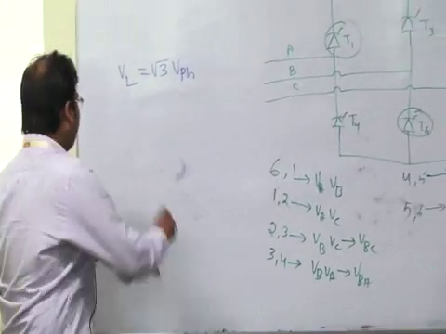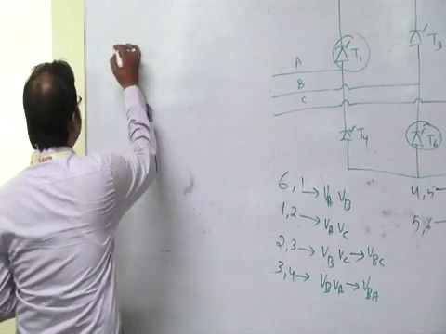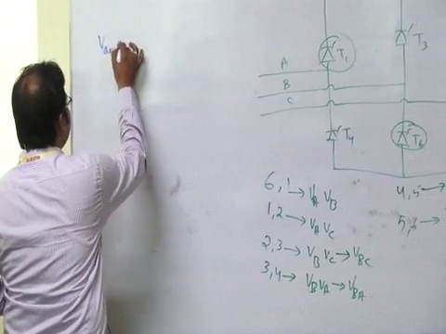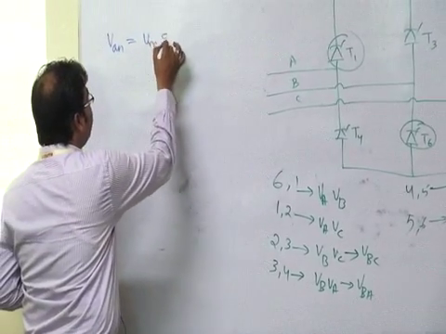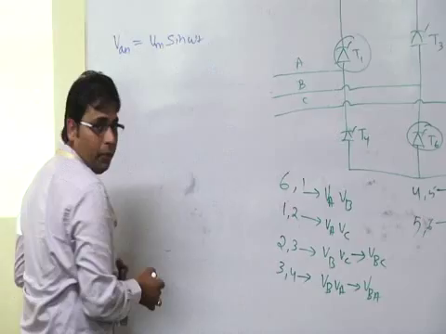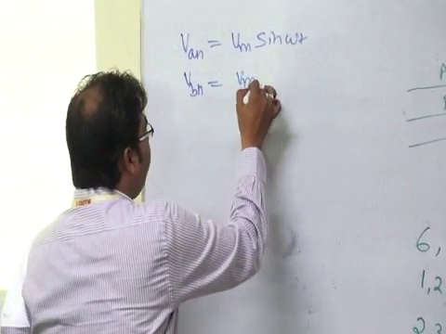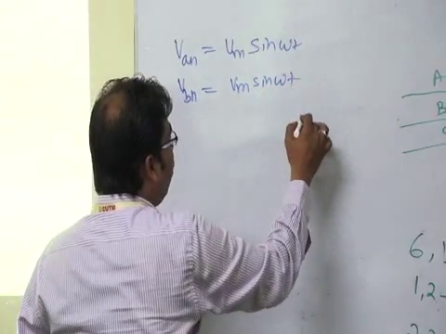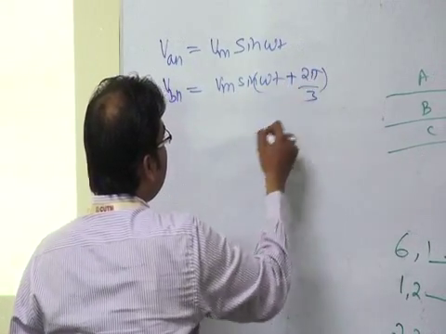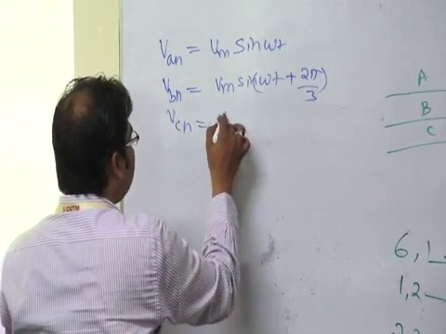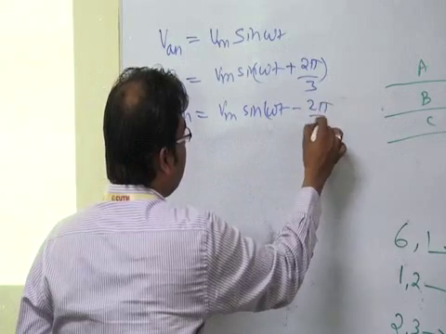Okay. Now let us write the equation for different phases. VAN is equal to how much? VM sin omega t. VBN, VM sin omega t plus... okay.